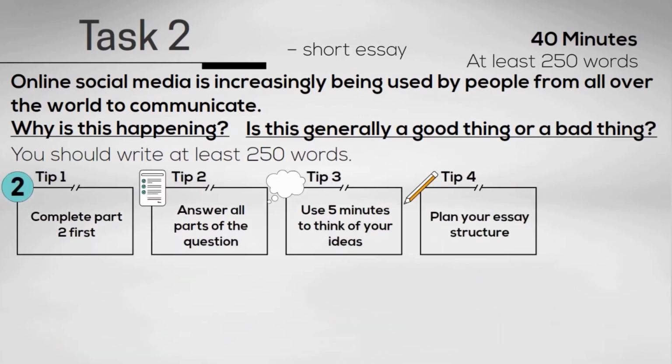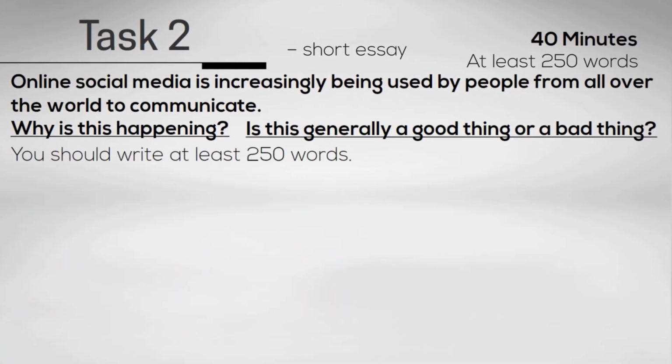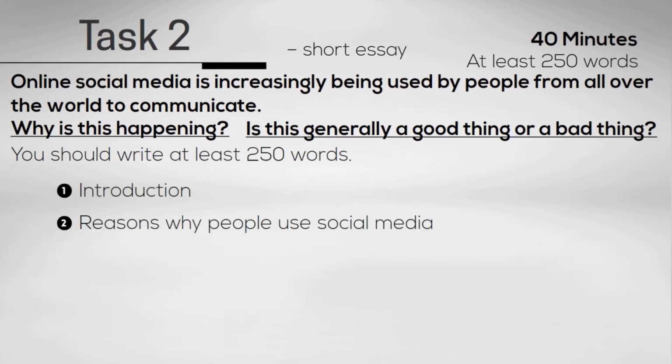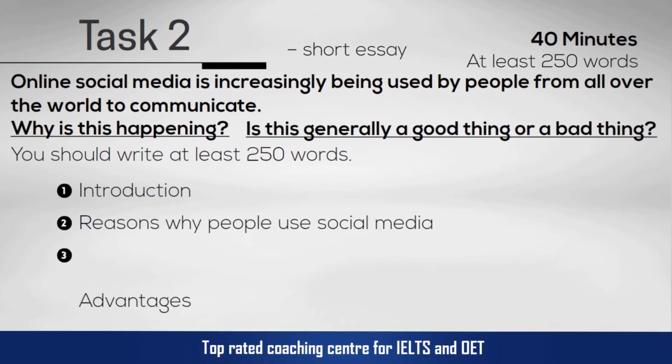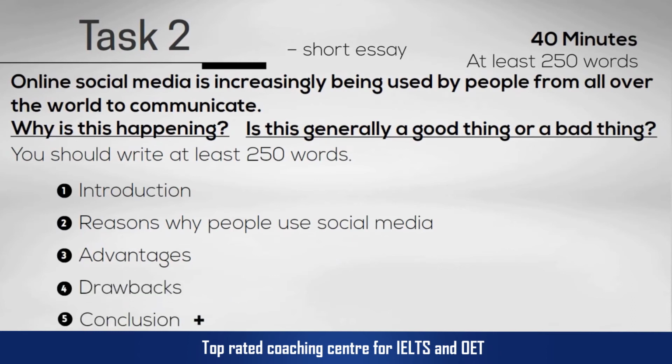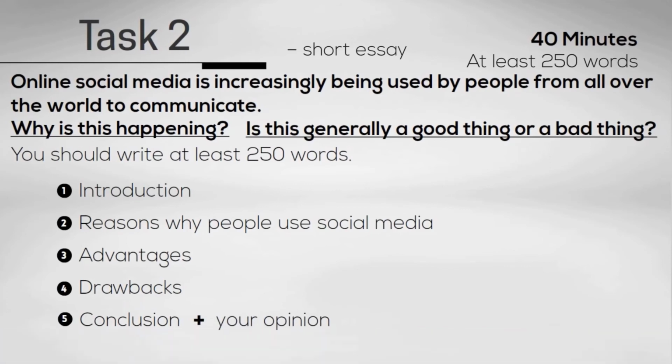Tip number 4 is to next quickly plan your basic essay structure. In this essay, you'd probably have 5 paragraphs in total. The introduction, the reasons why people use social media in paragraph 2, advantages in paragraph 3, drawbacks in paragraph 4, and then a conclusion with your opinion for the final 5th paragraph.